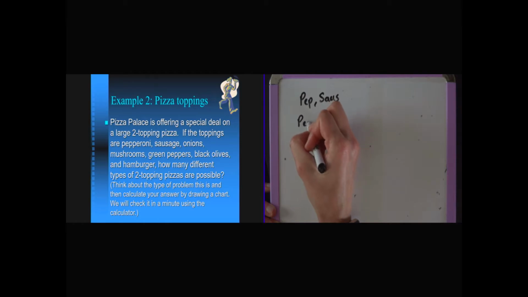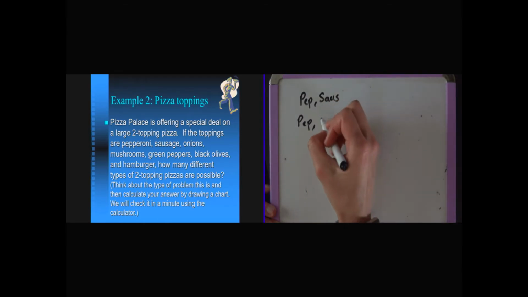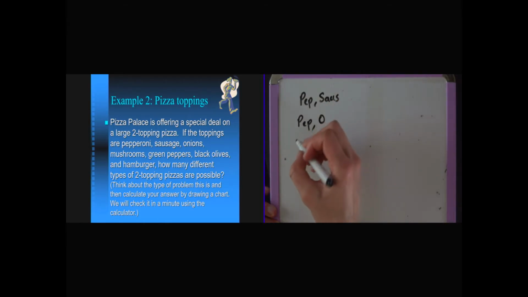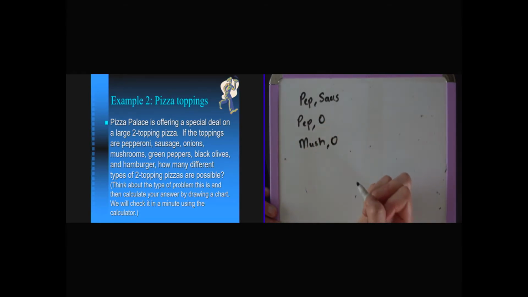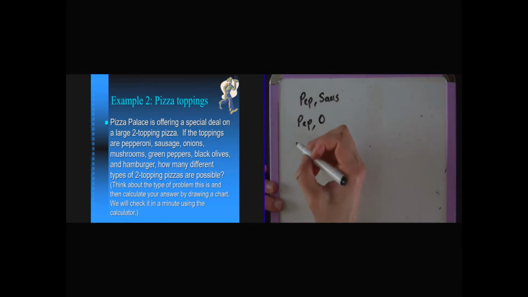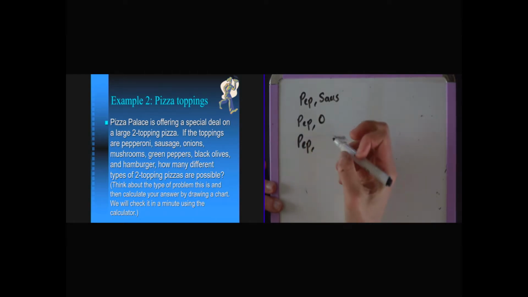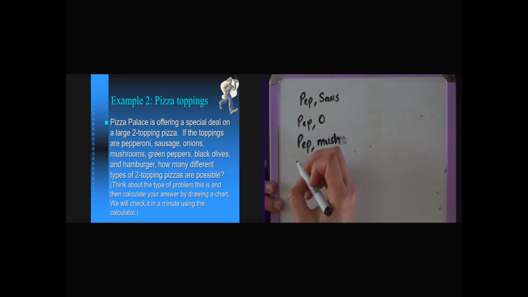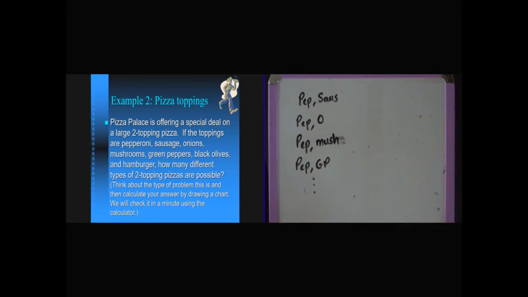I could have a pepperoni onion pizza. Or excuse me, I said I was going to keep it organized and then I got disorganized. I could have a pepperoni mushroom pizza. I'll come back to that other one in a minute. I could have a pepperoni green pepper pizza, and then I would keep going and match up pepperoni with everything.